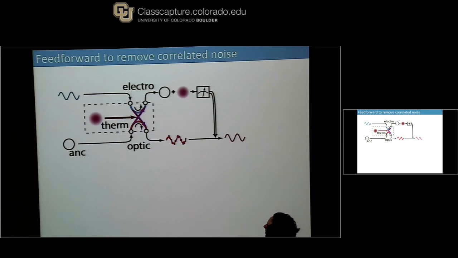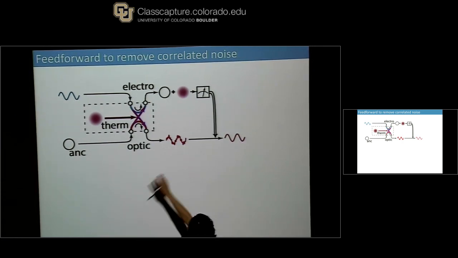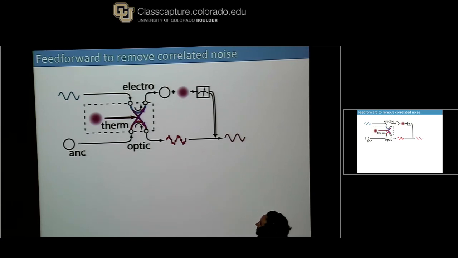because I have information about that thermal motion. Now, in the quantum world, if I think about this optical port over here, I'm going to have vacuum on top of that electrical signal that I measure, and I'm also not going to be able to measure that electrical signal very well; depending on the efficiency of my system, that might be an inefficient measurement.